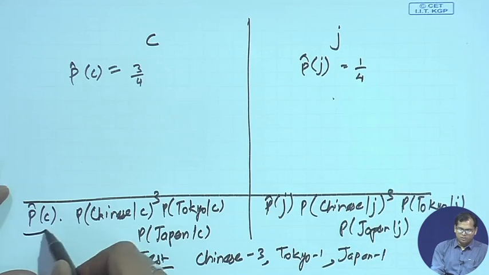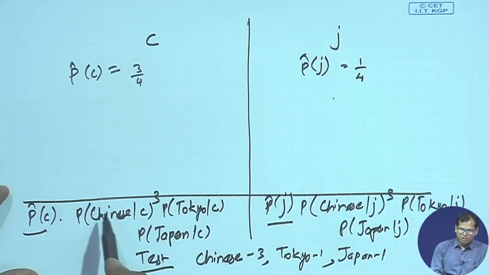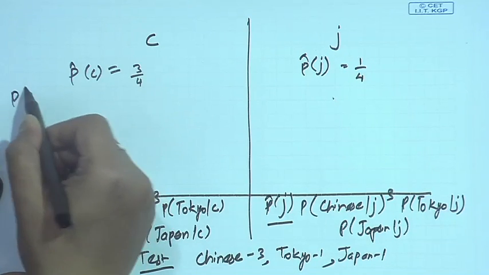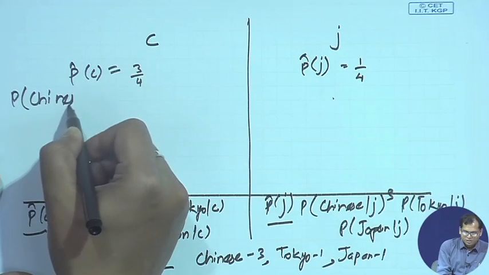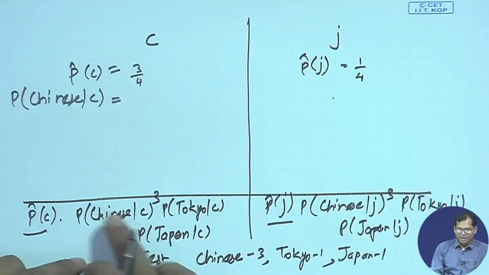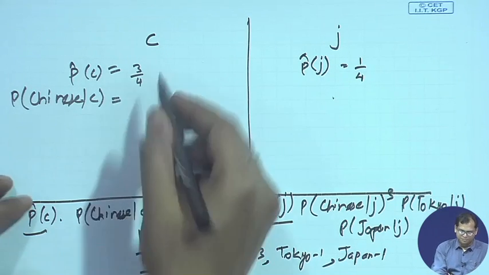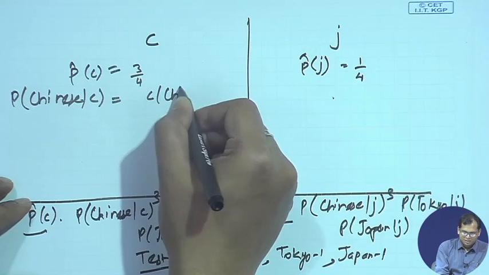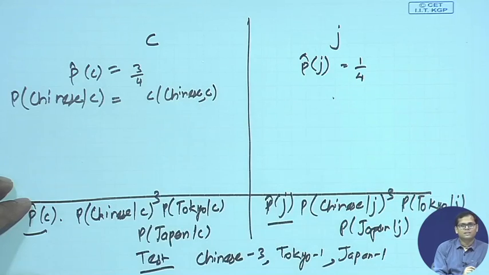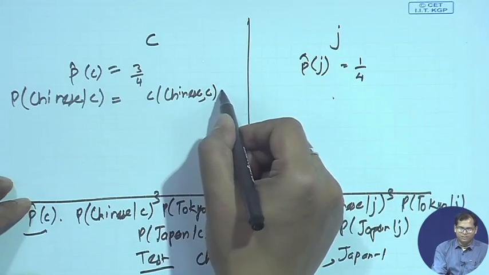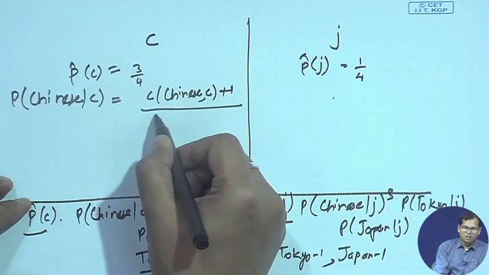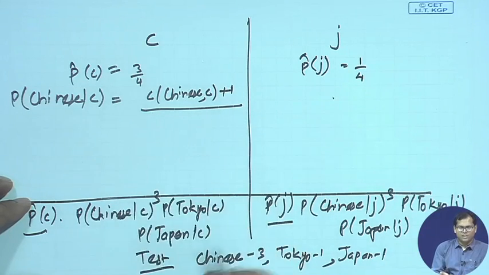So now I already know this and this. I need to compute the other 3 probabilities. How do I compute probability Chinese given C? This would be the number of times the word Chinese occurs with this class, count of Chinese with C, and I am using add-one smoothing, so it will be plus 1, divided by all the words that occur in the class Chinese.